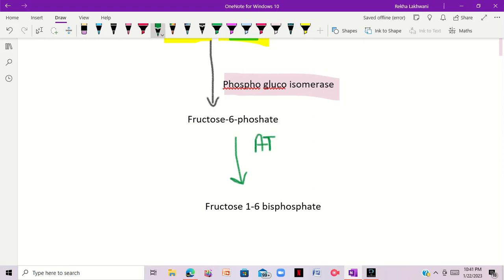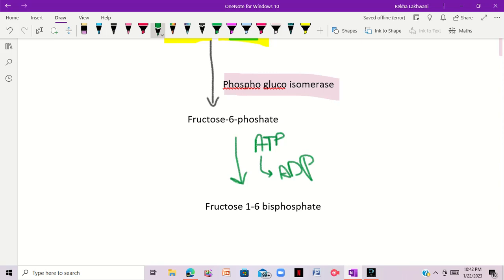ATP is converted into ADP, and there is a process of phosphorylation in the presence of an enzyme. Which enzyme?